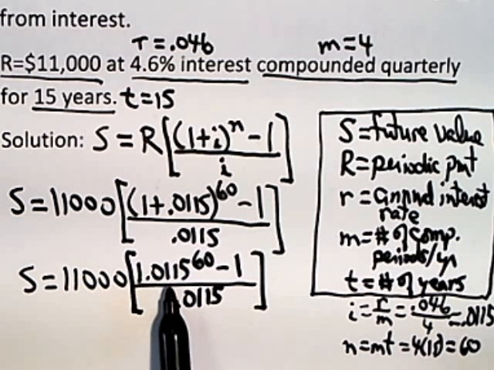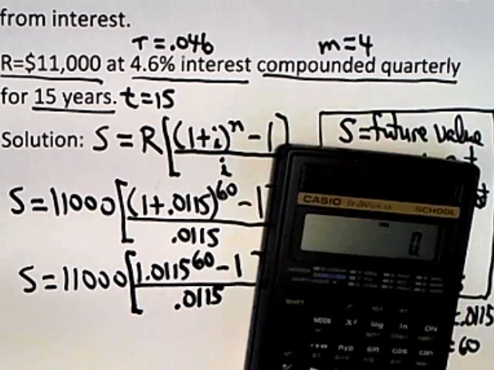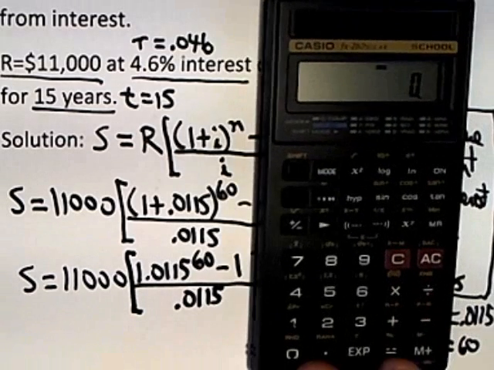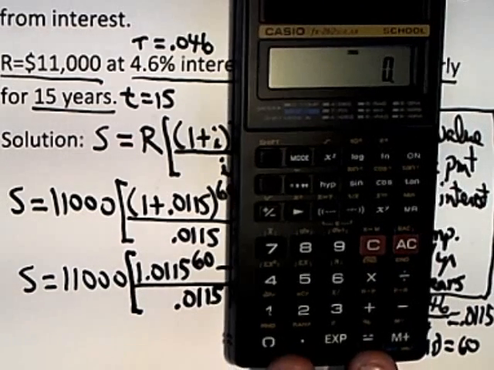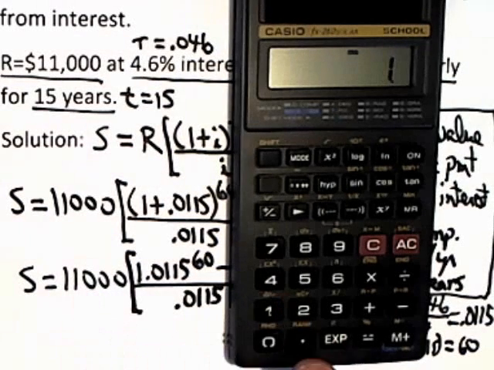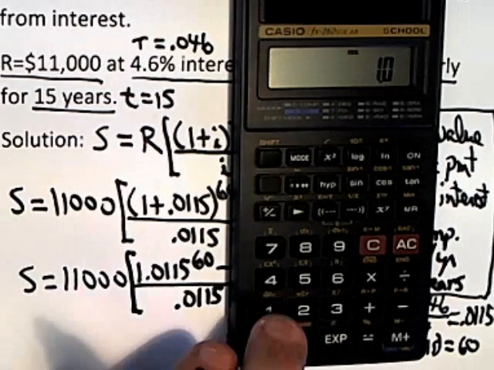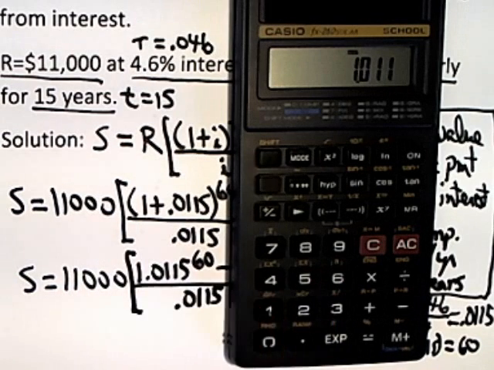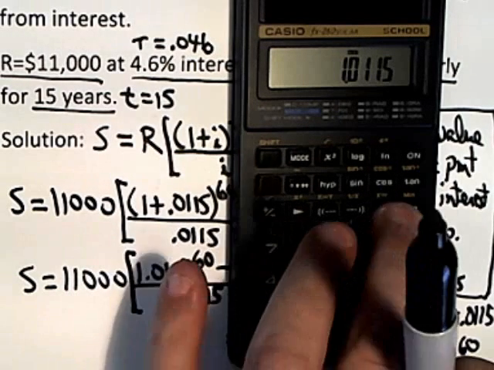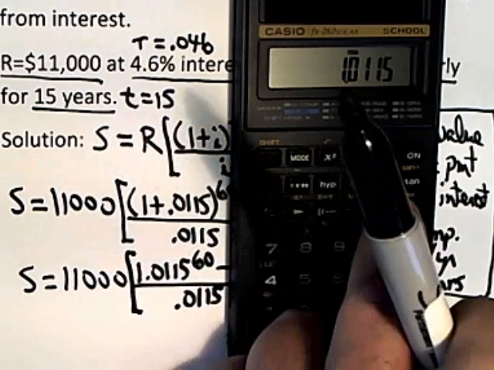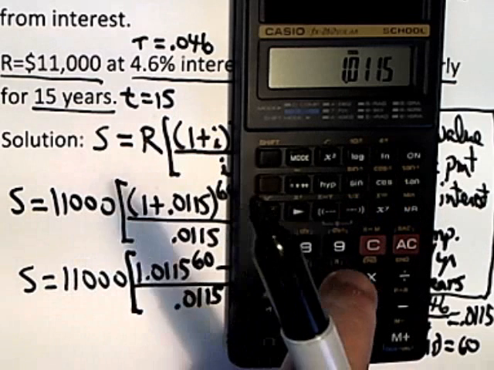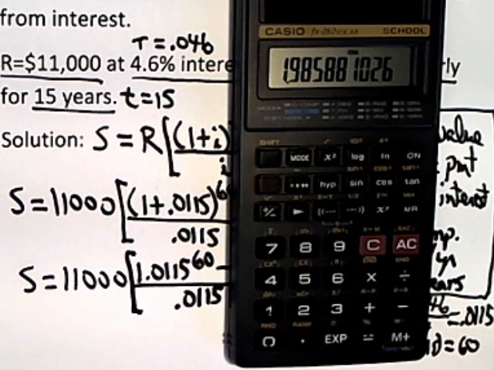So I want to first take 1.0115 and raise it to the 60th power. So I put in 1.0115, hit the power button, which is the X to the Y, the power is 60, and hit equal.